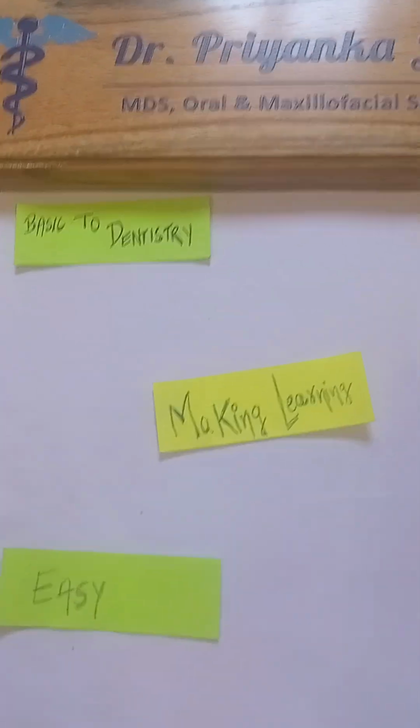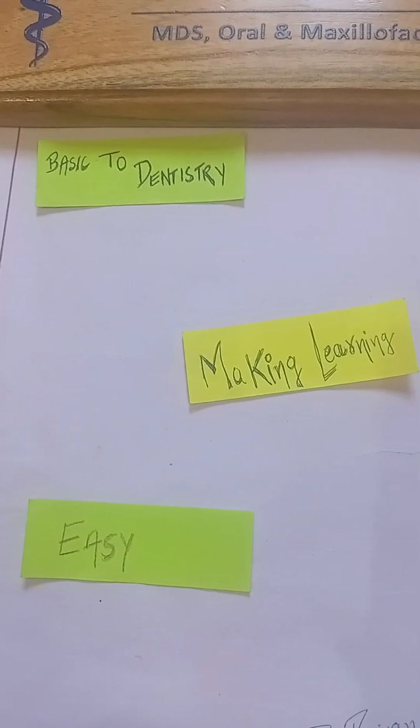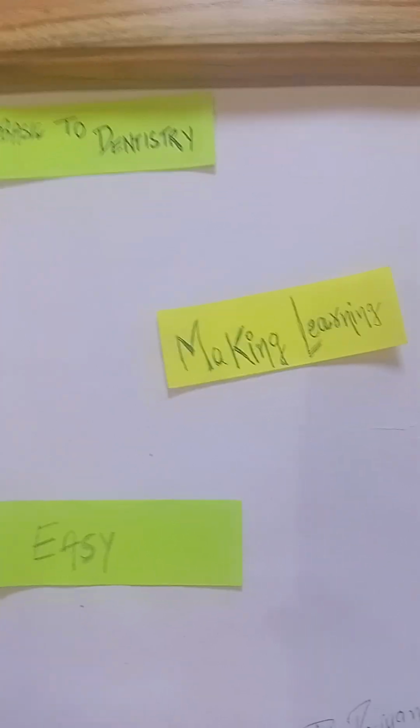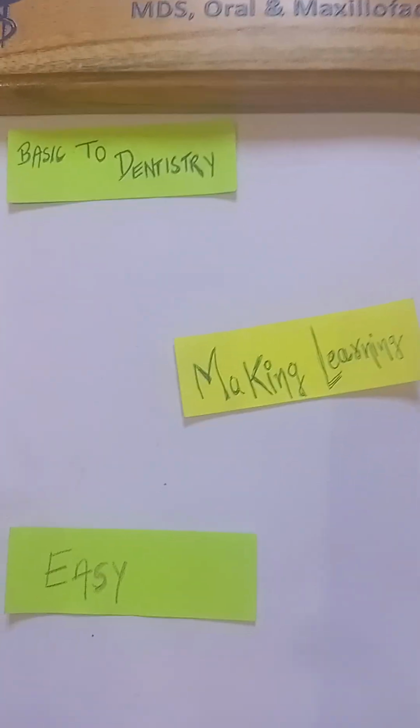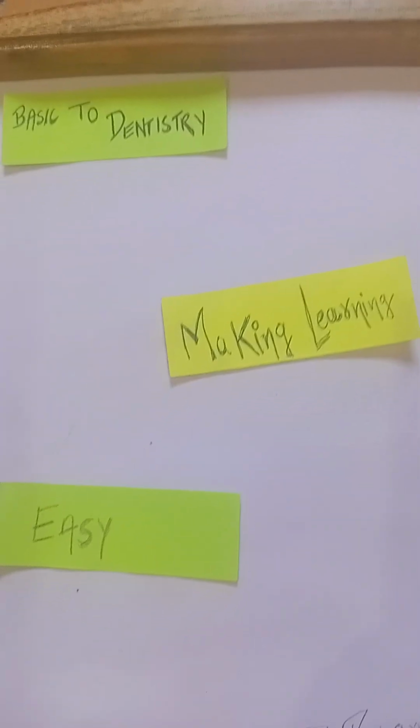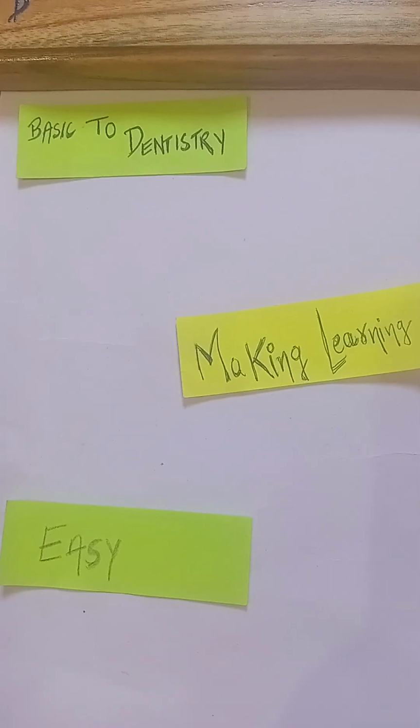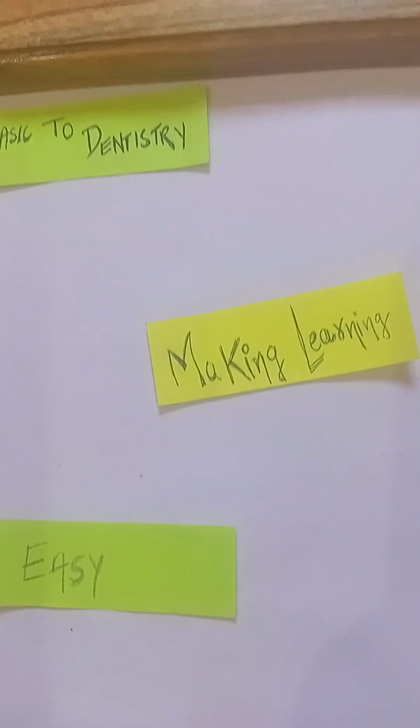So we have started with the second inflammatory and reactive disease of oral and maxillofacial region, that is peripheral ossifying fibroma. The main difference between peripheral ossifying fibroma and pyogenic granuloma is that peripheral ossifying fibroma is more firmer, ज़्यादा firm होता है.